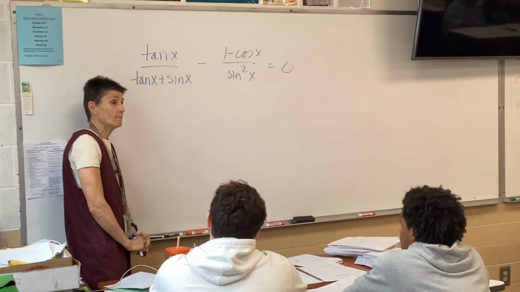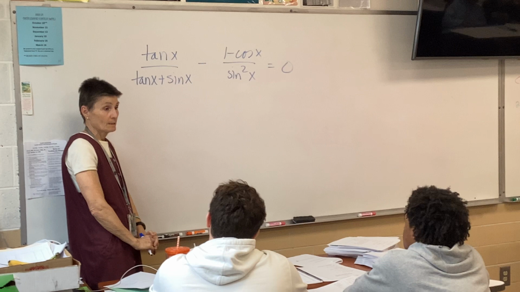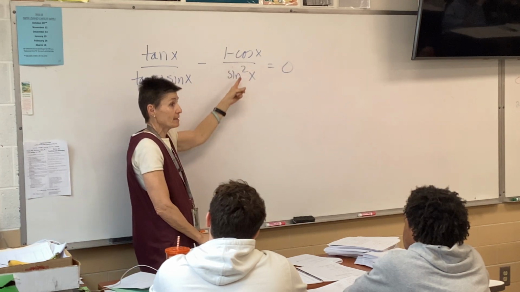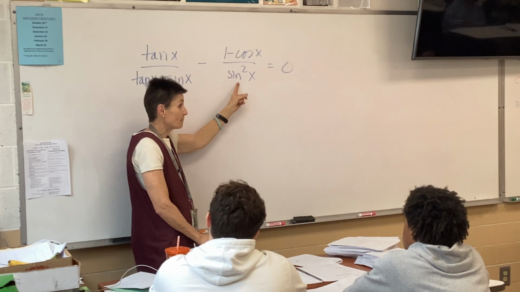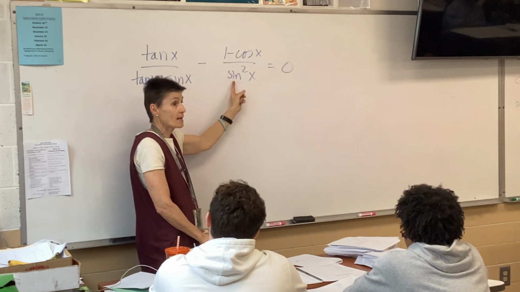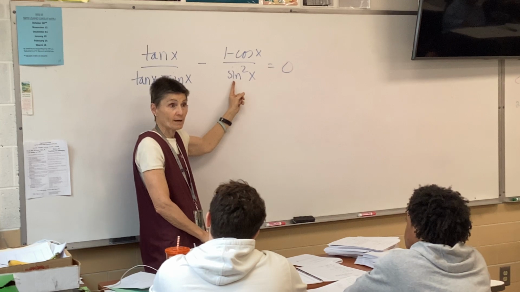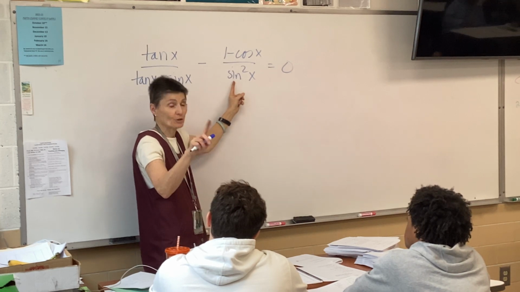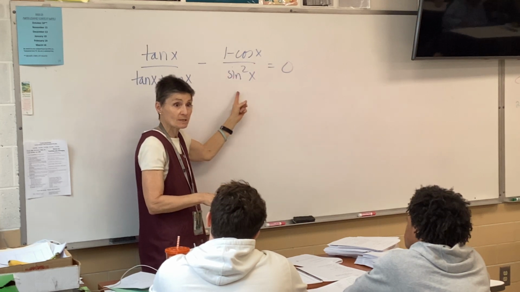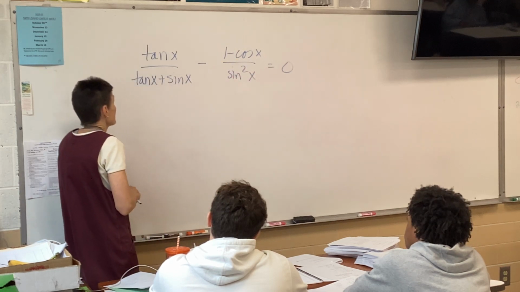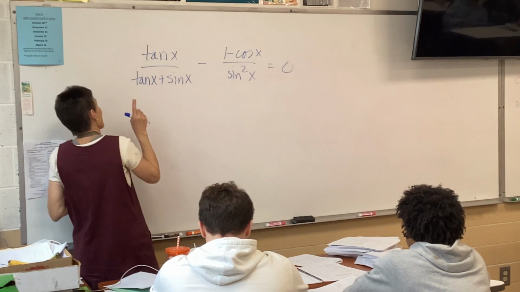What's another thought that might enter your mind? They have to equal each other. This actually could be reduced because I know sine squared is 1 minus cosine squared, which factors and cancels. That would clean that up a little. So let's go with those ideas. I like those ideas.